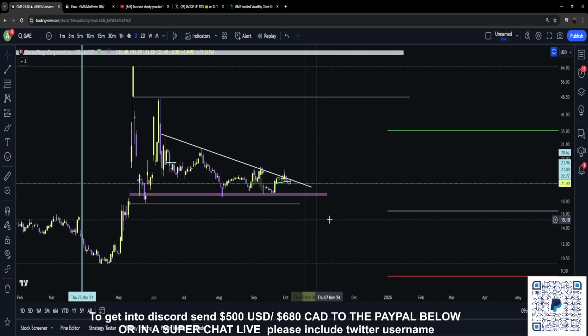And wouldn't it also make sense that regardless of what direction that move happens, isn't there a way to take advantage of that? Because I already know two things. One, options are cheap. Two, IV's low.